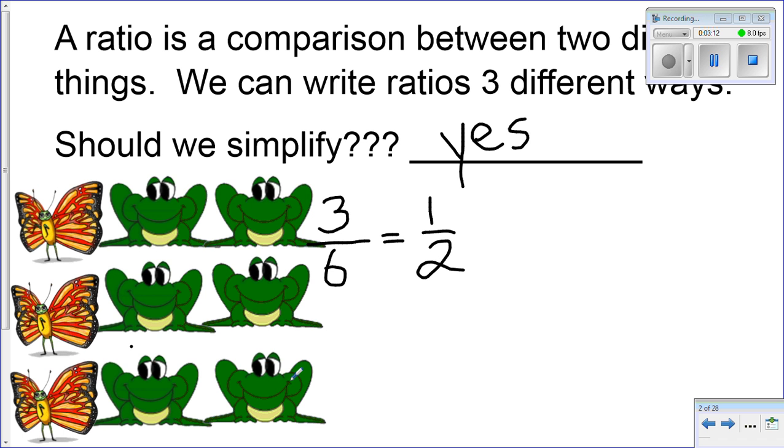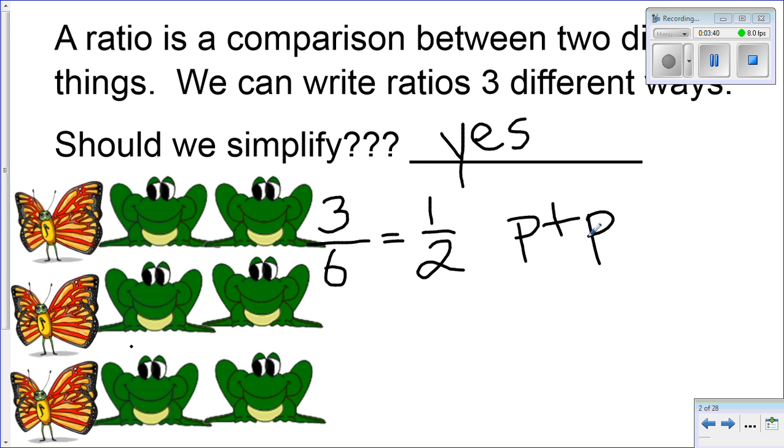So, comparing butterflies to frogs, well, butterflies are part of the animals that I'm observing, and frogs are part of the animals that I'm observing. So this ratio of 1 to 2 would be a part-to-part. I'm going to abbreviate part-to-part comparison.